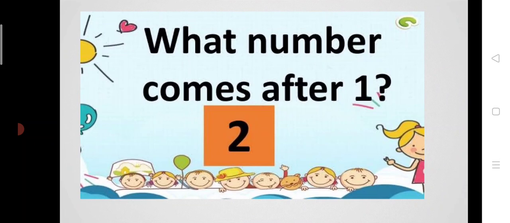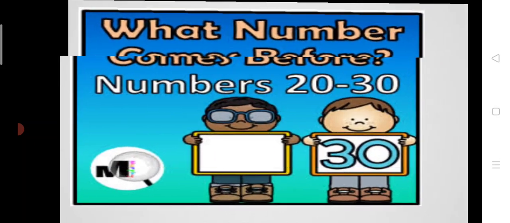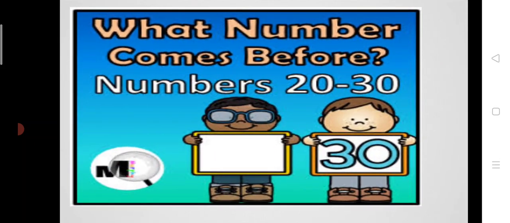So what comes after 1? Answer is 2. This is called after numbers. Next is before. What comes before 30? Before means previous number. What comes before 30? 29.